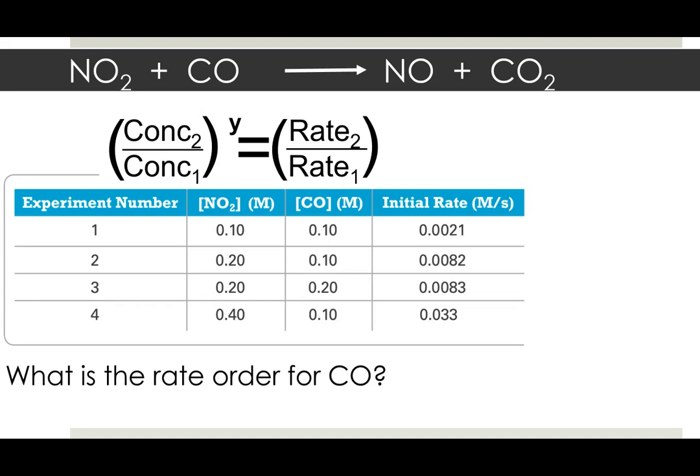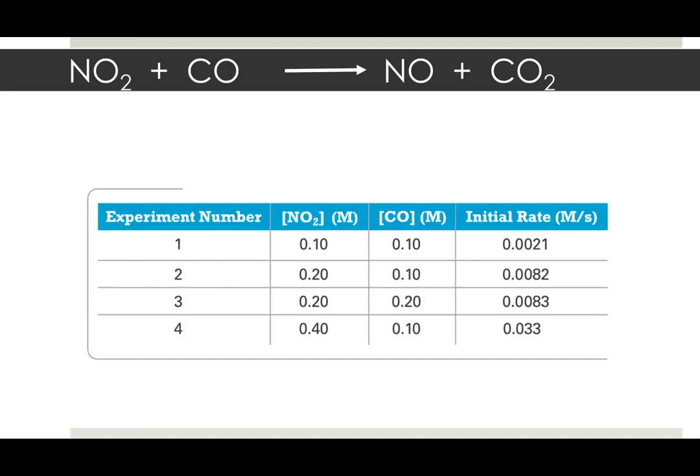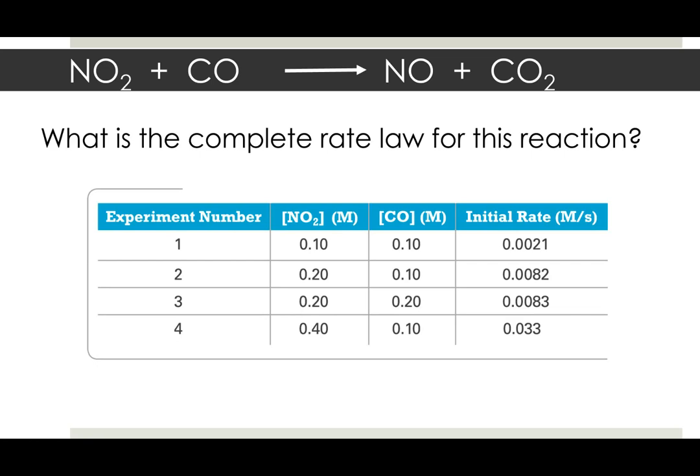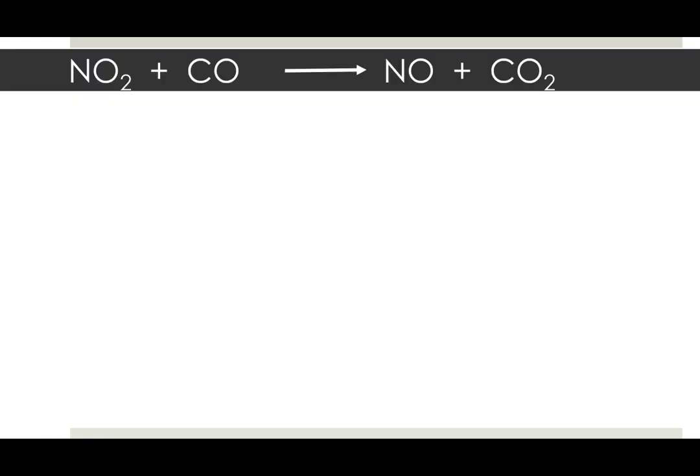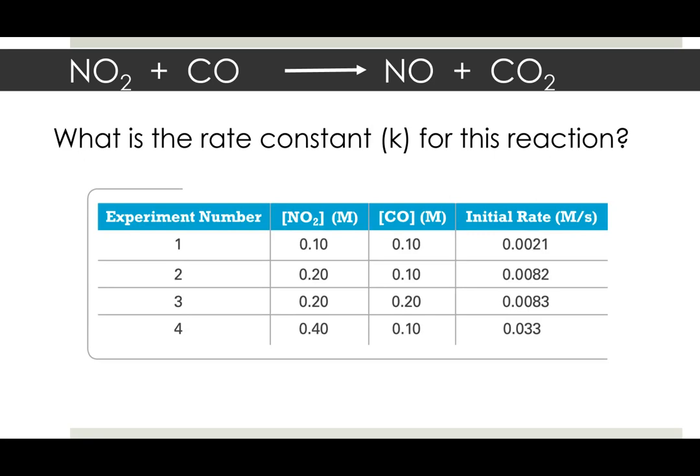I got way ahead of myself here, so I'm just going to click through because it asks for all these things, and I already did it on that slide. A complete rate law for this reaction, we wrote that. The other thing that I'm going to ask you guys to do is to solve for this rate constant k. So let's get our rate law written down here. Rate equals k times NO2 squared times CO to the 0.